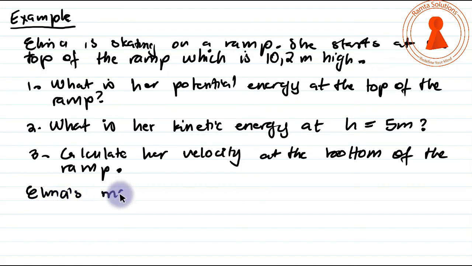Elena's mass is 59 kilograms. I want this 59 kilograms to be her mass combined with that of the skateboard. So collectively, Elena and the skateboard weigh 59 kilograms. All right, now let's answer the questions.